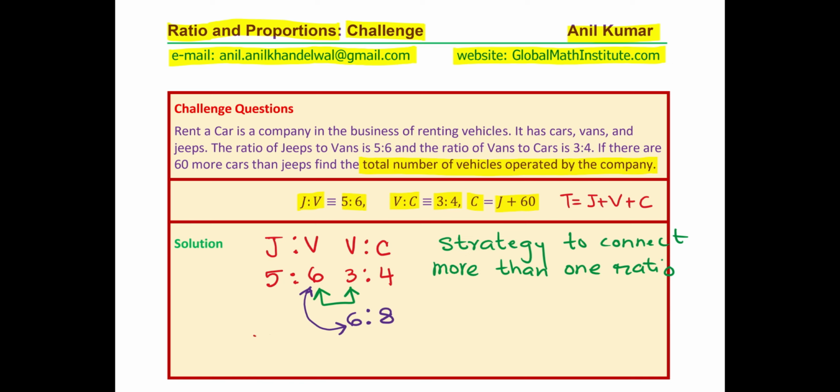I can write that the ratio of jeeps to vans to cars is 5 is to 6 is to 8. Does it make sense? So note the strategy. The strategy to connect more than one ratio is to make one item the same value.